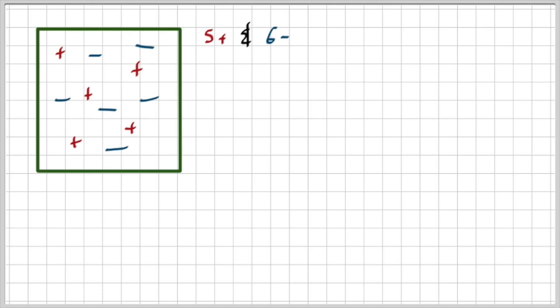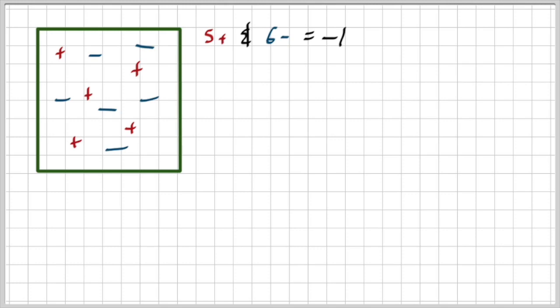Now, my net result is just a fancy way of saying, if a plus and a minus cancel each other out, what will I be left with in the end? Well, I would be left with 1 negative. If we write this in terms of a number, we can write it as -1.